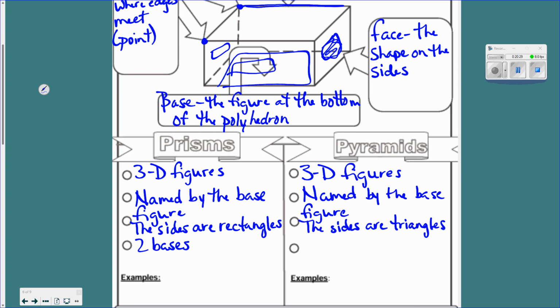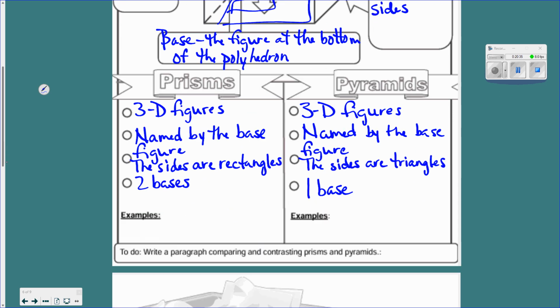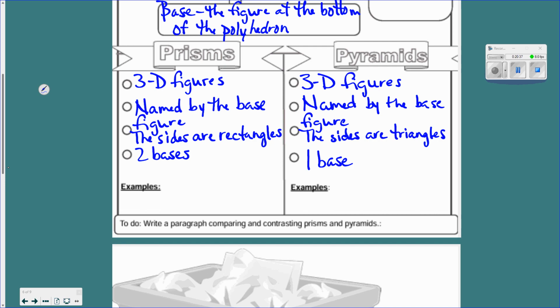So when we are naming them, some examples. On prisms, we can have rectangular prisms, like the one shown here. You can also have a triangular prism, and that's one that gets kind of tricky, because all of a sudden I'm seeing triangles, and a lot of people think pyramid.